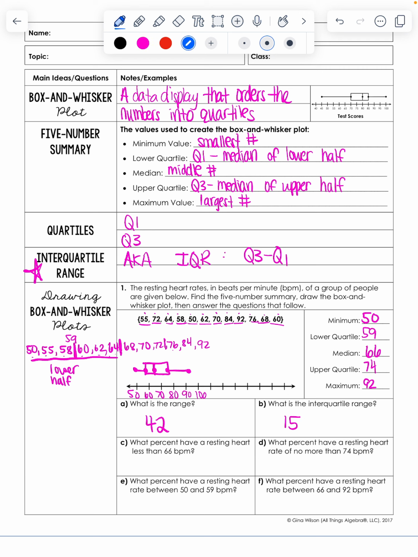What's super important about box and whisker plots is we understand that there's 25% of the data in this whisker to the left. There's 25% of the data right here, 25% of the data right here. So in the actual box, there's 50% of data: 25% to the left of the median and 25% to the right, and there's 25% here.